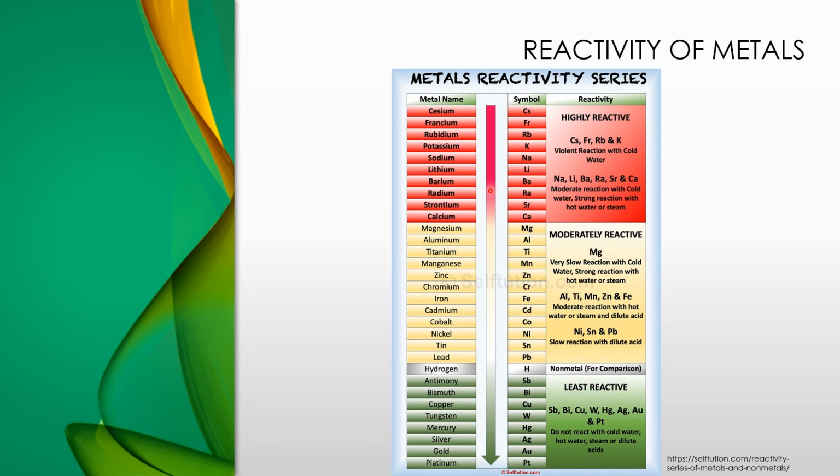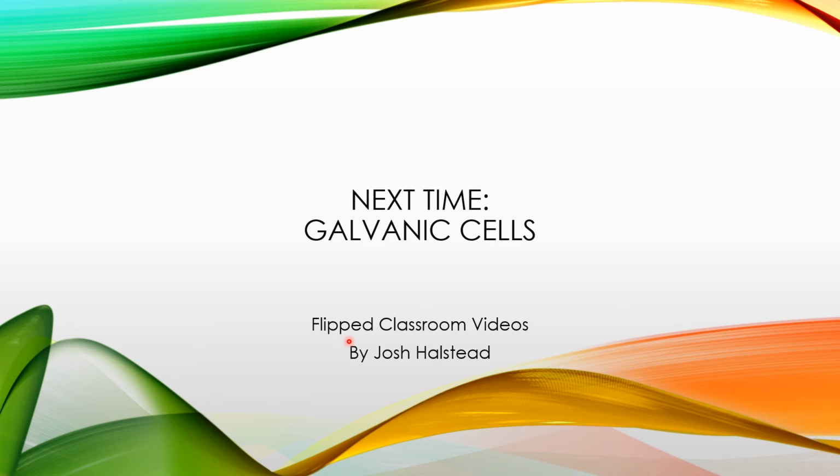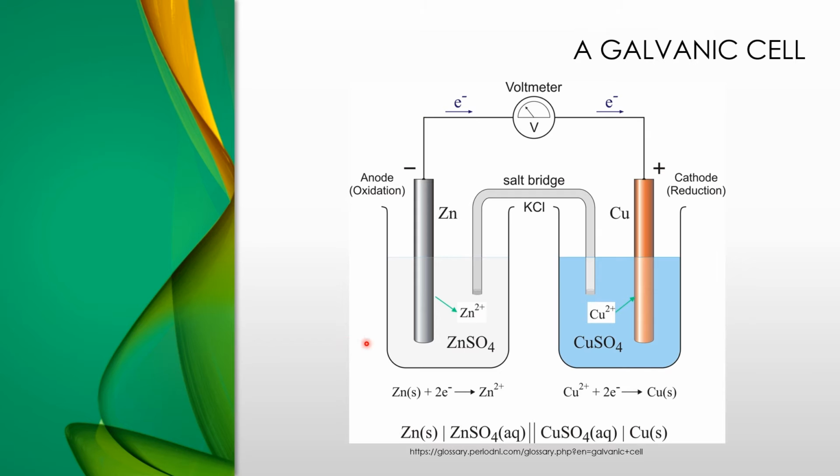So if we look here, what we'll see is that zinc is more reactive than copper, which sits down at the bottom of the reactivity series. Now, because zinc is more reactive than copper, it undergoes oxidation. It's trying to push away and give away its electrons.